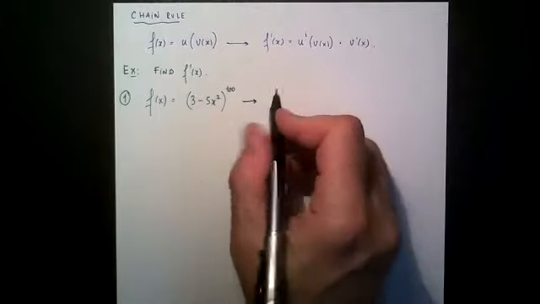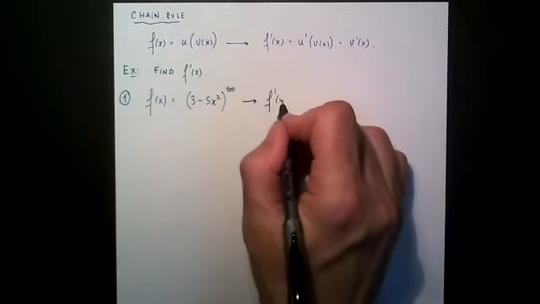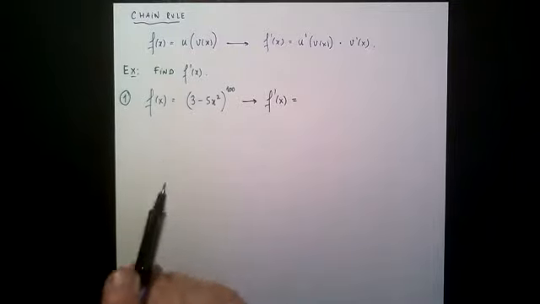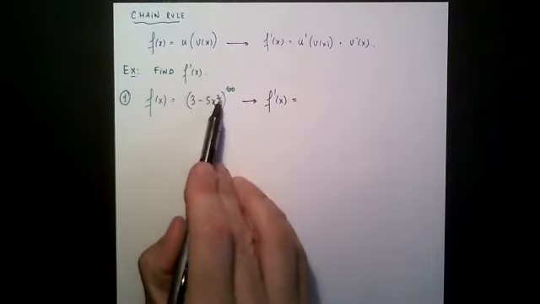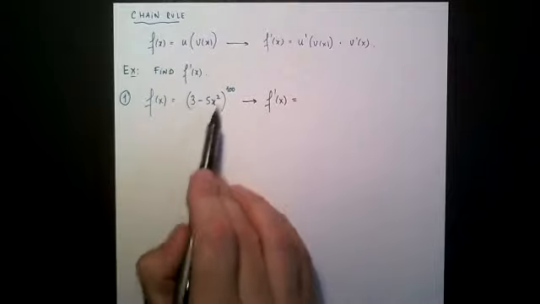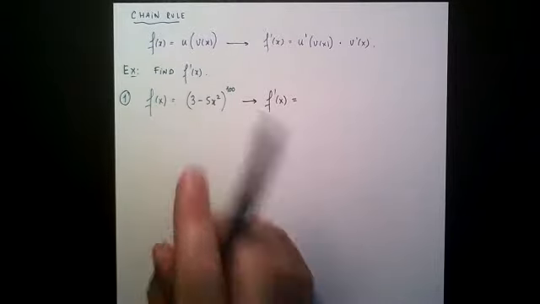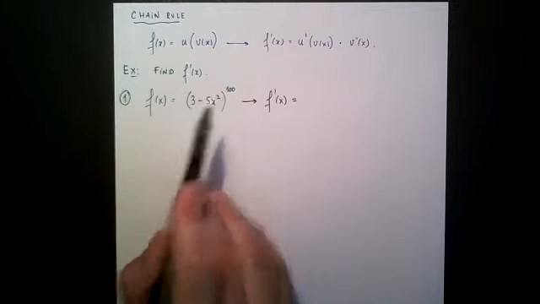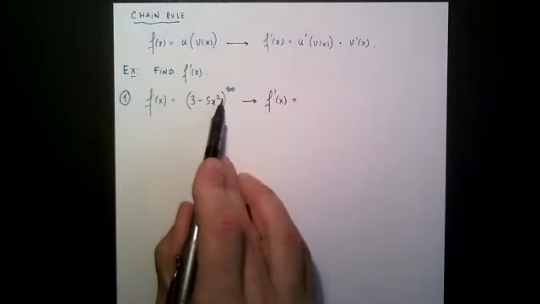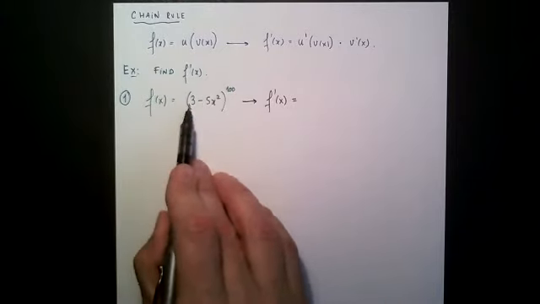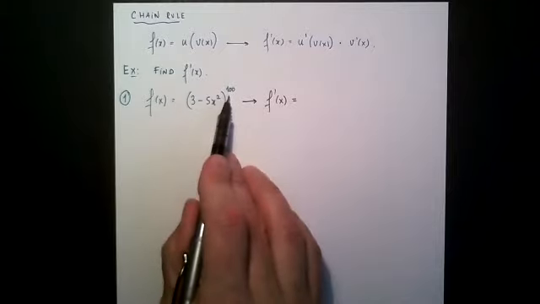So this is how it works. f prime of x equals. Now you see that you have a function inside a function. What am I doing to the x? I'm squaring it, then I'm multiplying by minus 5, then I'm adding 3, and then I'm raising to the power 100.